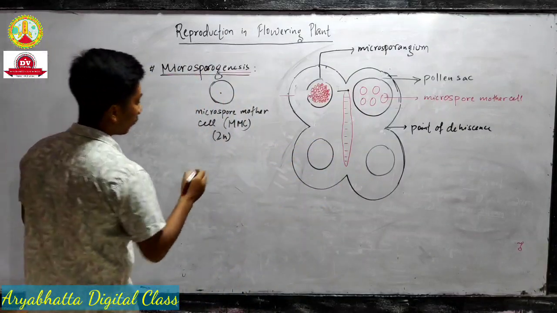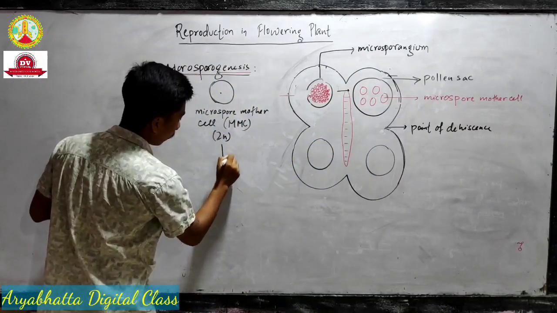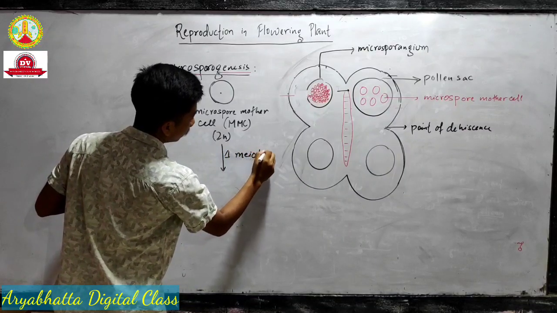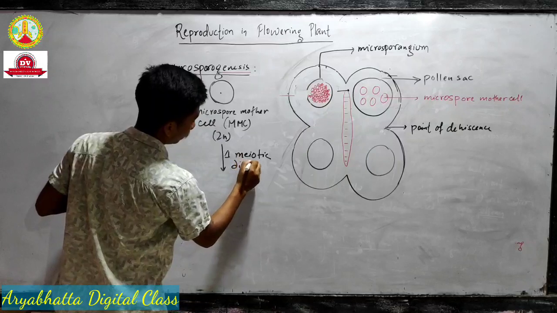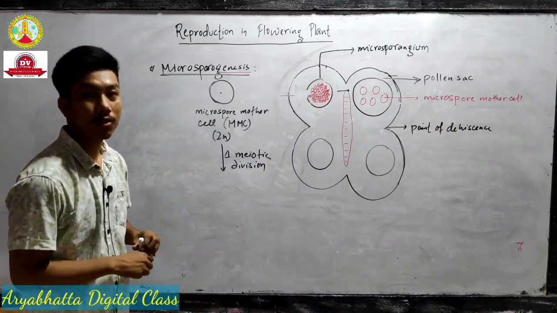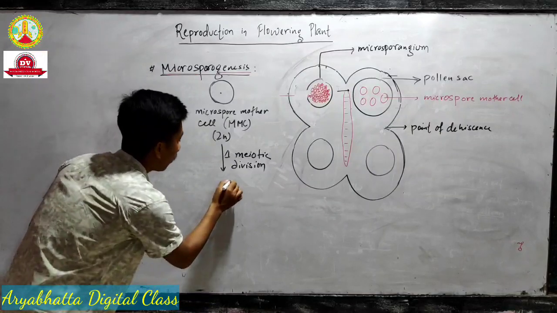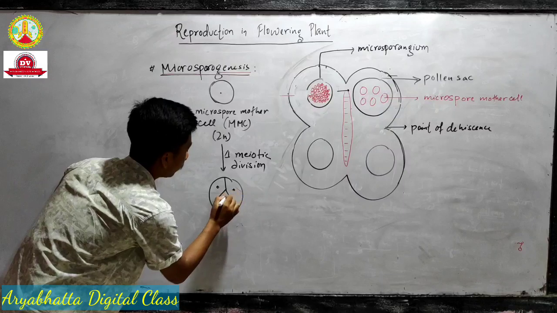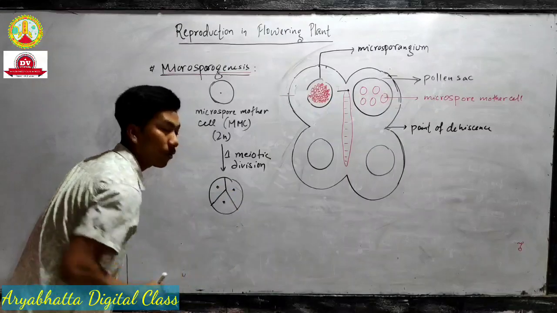So the microspore mother cell, what happens? It undergoes one meiotic division and develops a microspore tetrad. This dot is a nucleus.